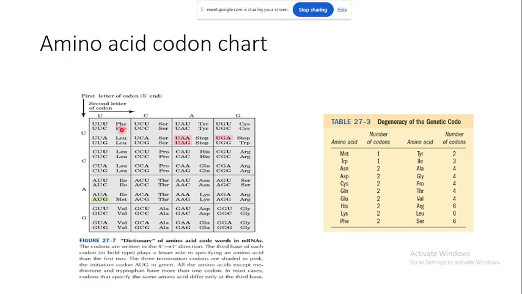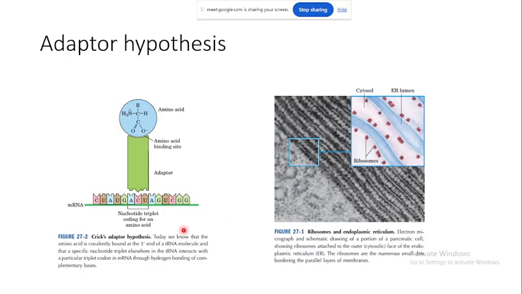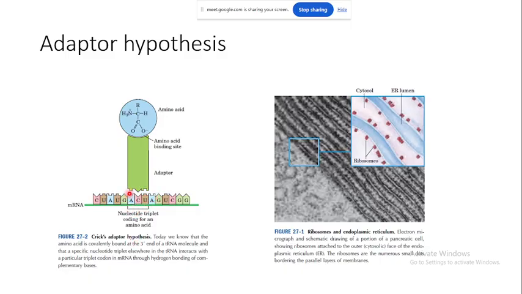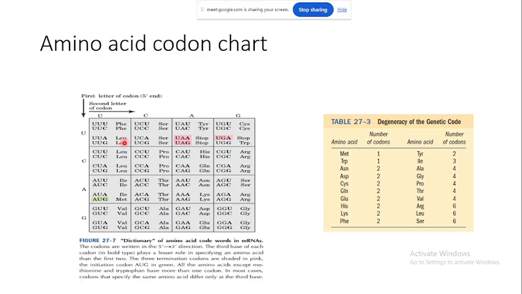For example, if you start with phenylalanine, there are two codons, UUU and UUC, which can encode phenylalanine. So if there is UUU or UUC, they will interact with the tRNA which carries phenylalanine, so it will code for phenylalanine.